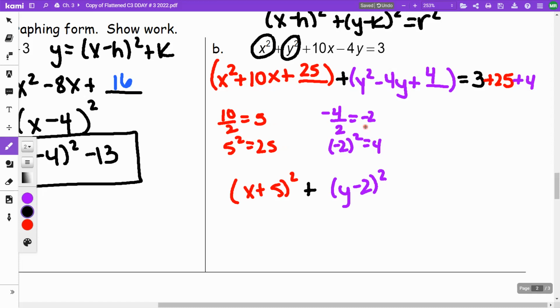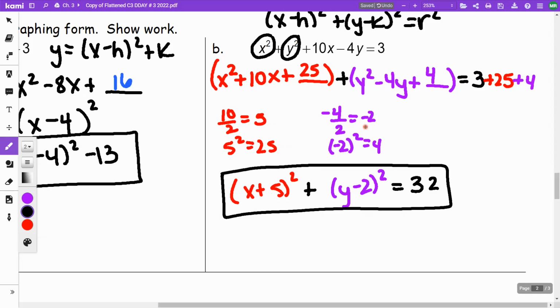And then when I do that math, I'm going to get 32, because it's a 7 plus 25, so 32. And that's our equation for the circle.